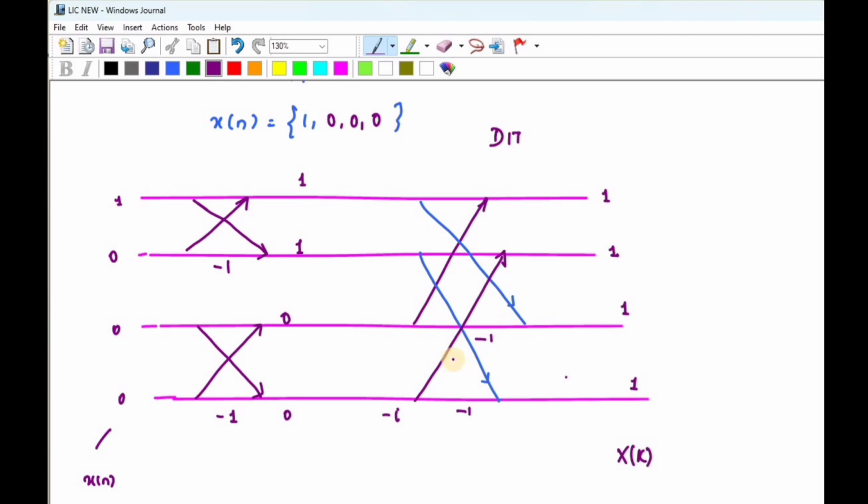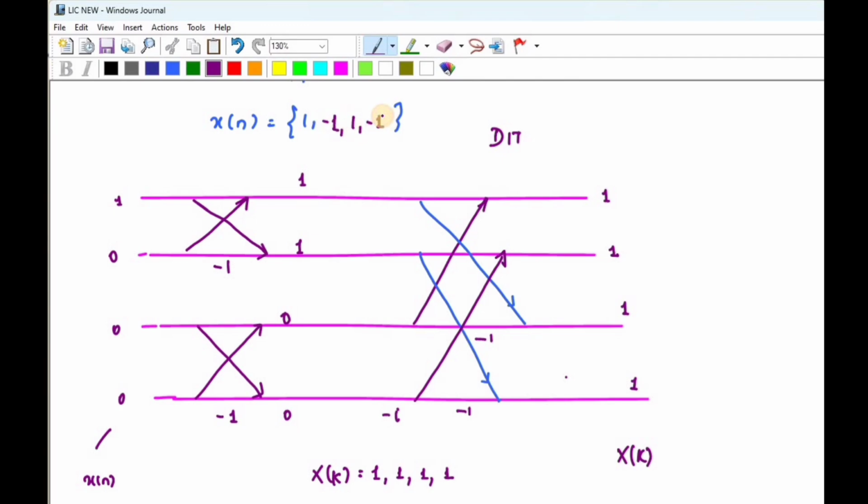So the x of k value is equal to 1, 1, 1, 1. So this is as simple as what you are expecting.